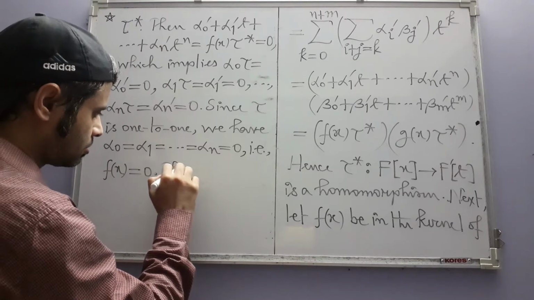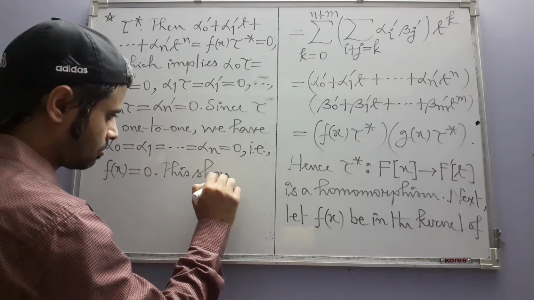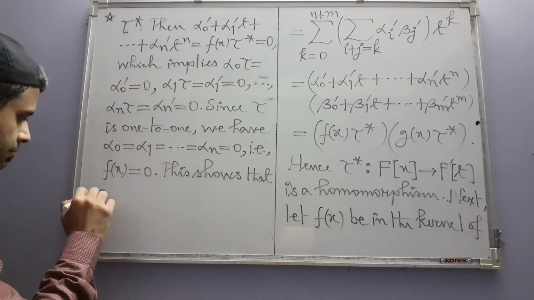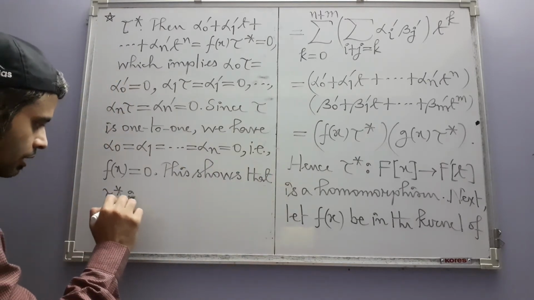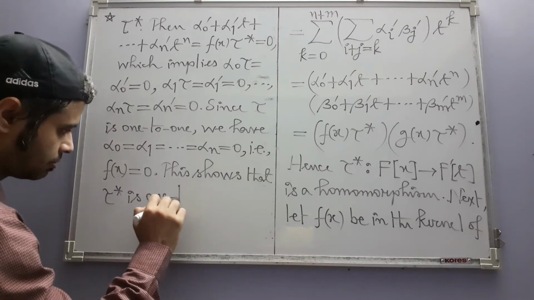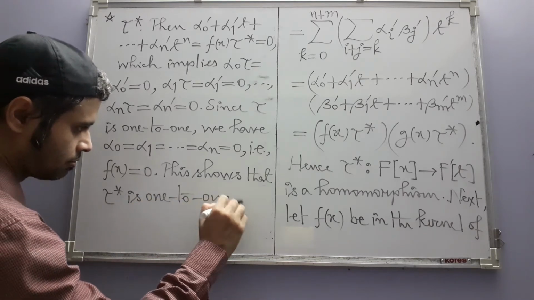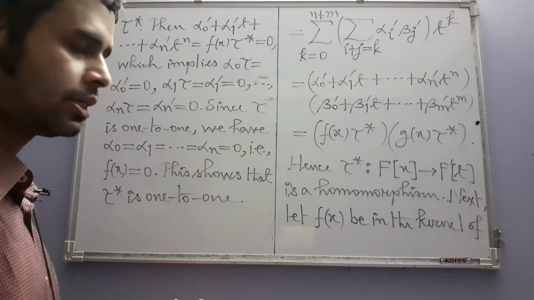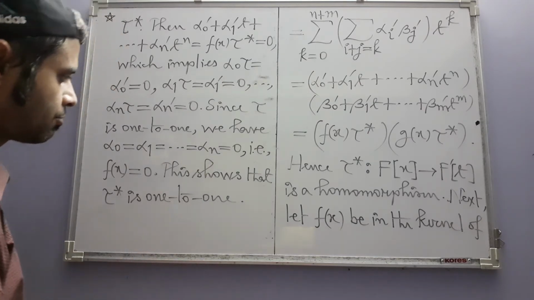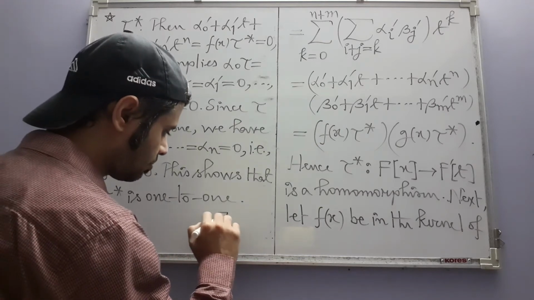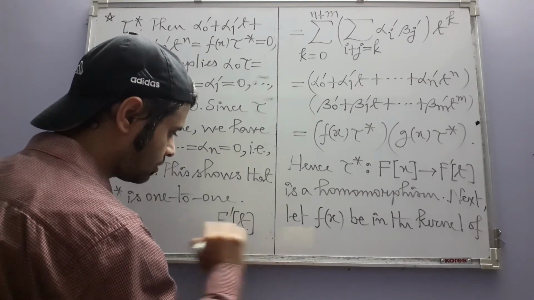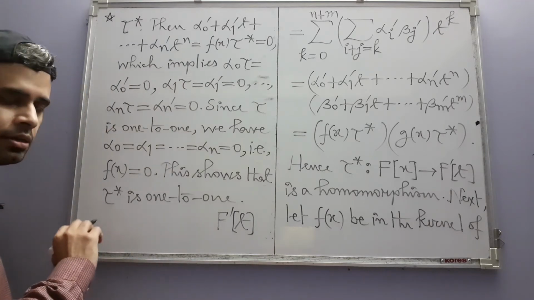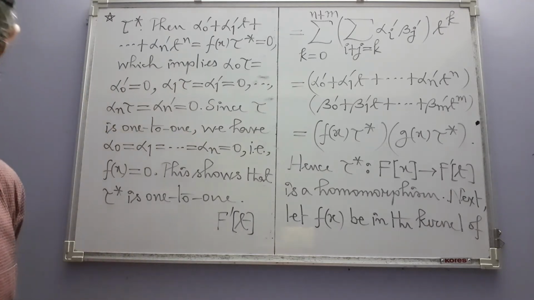This shows that tau star is 1 to 1. Next, the only thing left to show is that tau star is onto. So for that we will have to consider any polynomial in this second polynomial ring and prove that it equals the tau star image of some polynomial in the first polynomial ring.